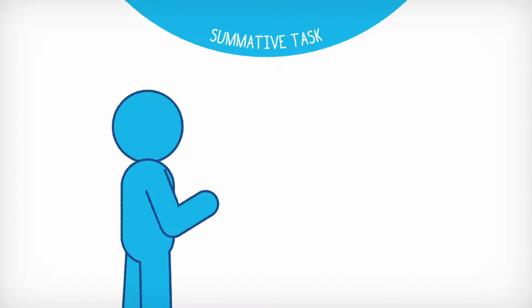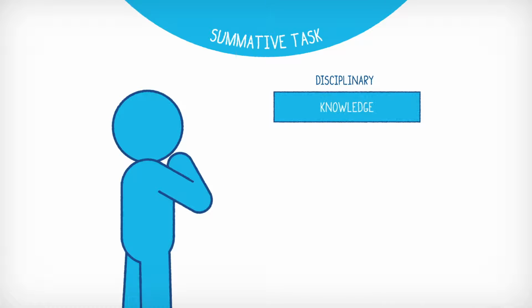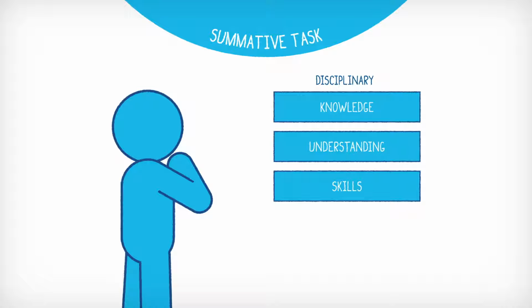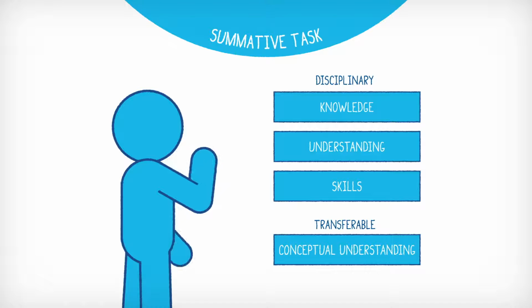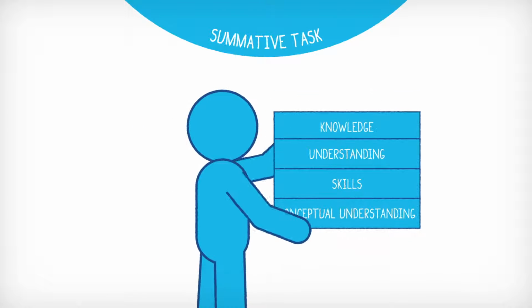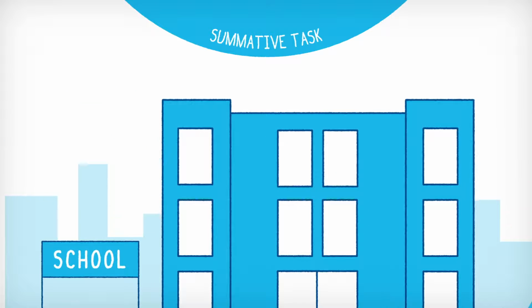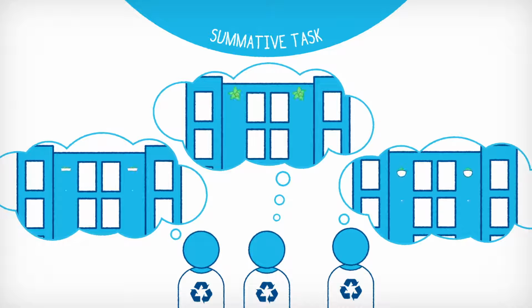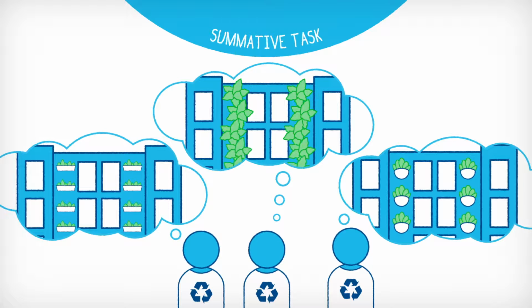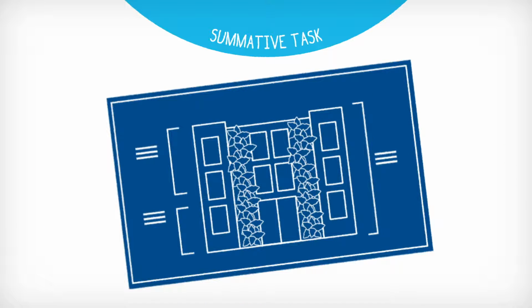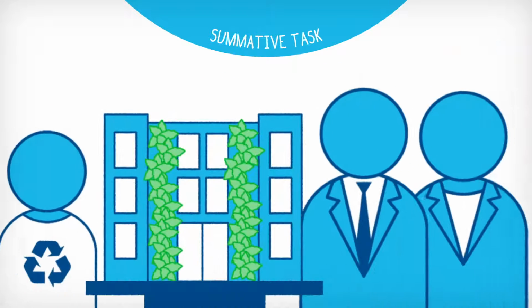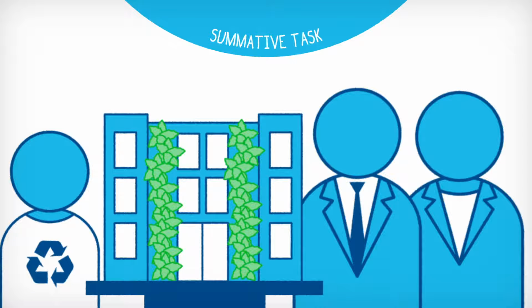In the MYP, a summative performance of understanding involves students demonstrating their disciplinary knowledge, understanding, skills, and transferable conceptual understanding in an authentic way. For example, in this sample design unit task, students might participate in a school greenification project. This type of task could involve students in developing plans and constructing vertical gardens for the exterior of the school building.